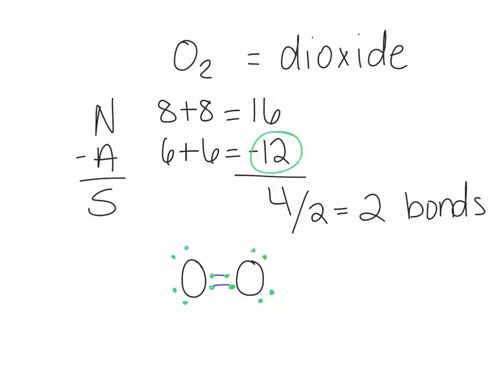And you can see that I'm trying to make them as symmetrical as possible, pushing them away from these bonds in the center. That's because those electrons are going to be repelling each other. So this would be your final answer right here. And you have a double bond, and you double check that everybody's full. This one has 8, and this one has 8, so we are all good.